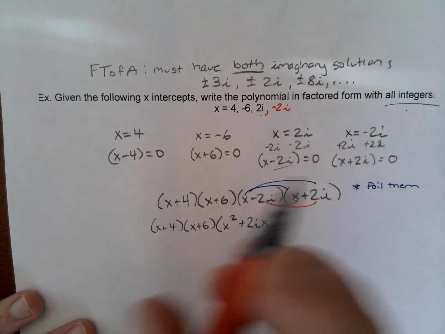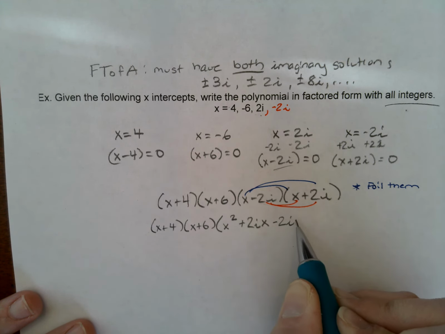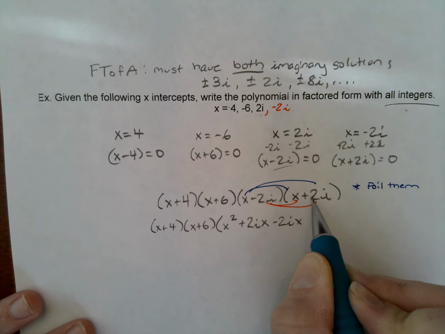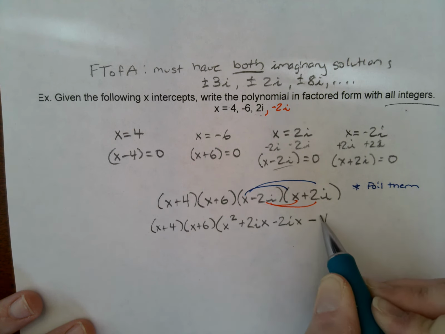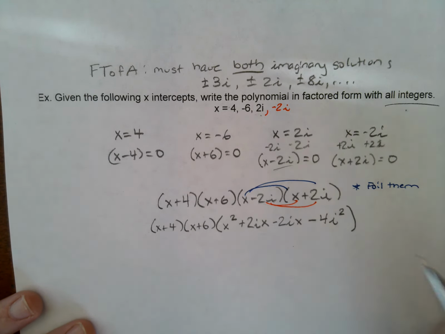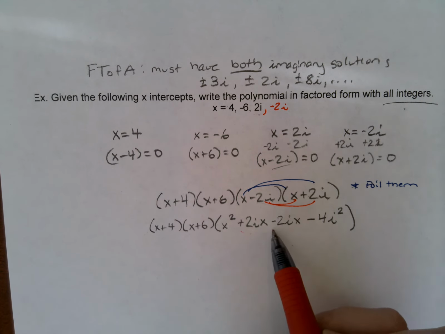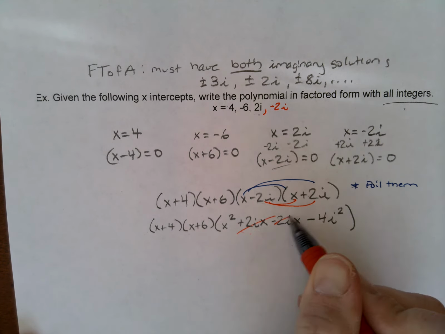Inner, last. Inner, minus 2ix. Negative 2 times positive 2 is negative 4. i times i is i squared. Now I keep going. What I can notice is, what's positive 2i minus 2i? 0.